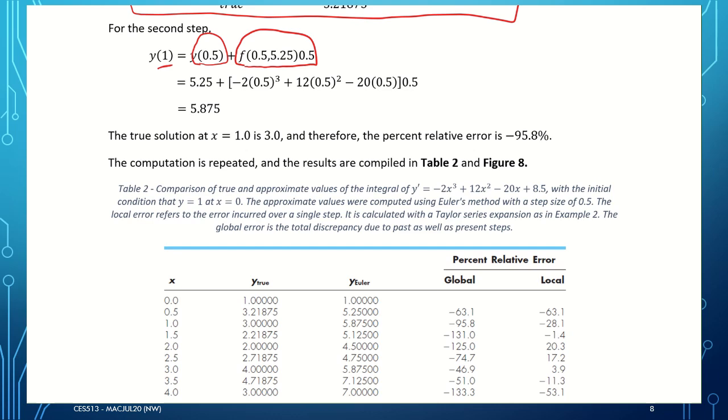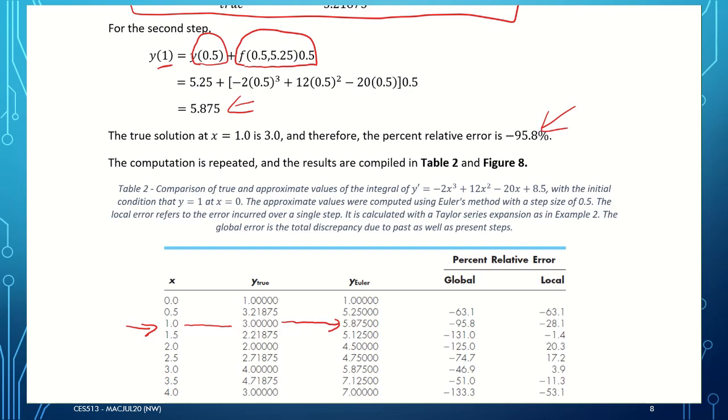So we get y1 equals 5.875 when x equals 1.0. The true solution at x equals 1 is 3, as we can see from the table, compared to the approximate value of 5.875. So the relative error is big, negative 95.8.